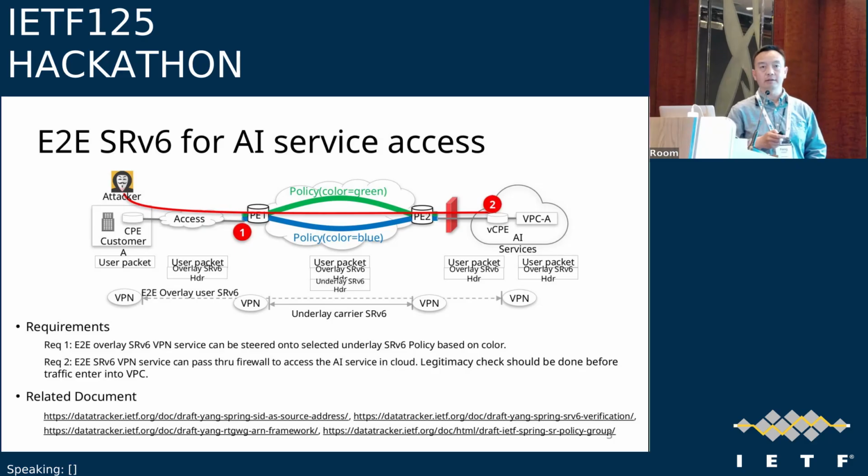So the background is that today's AI agent service is booming, which brings traffic pattern updates. The first one is that before, we had human and LLM interaction. Now it turns to machine to LLM interaction.